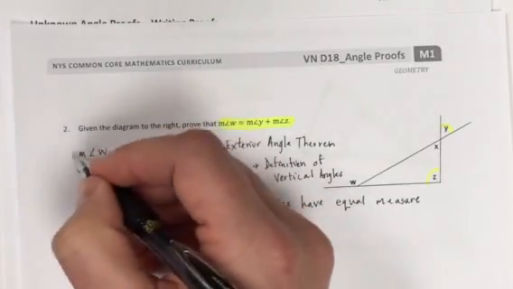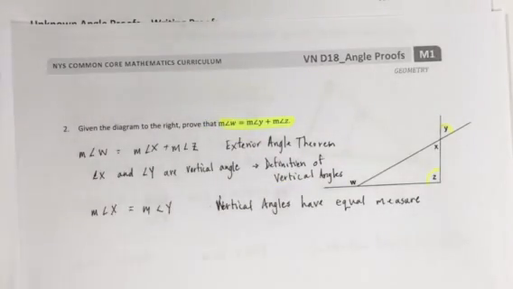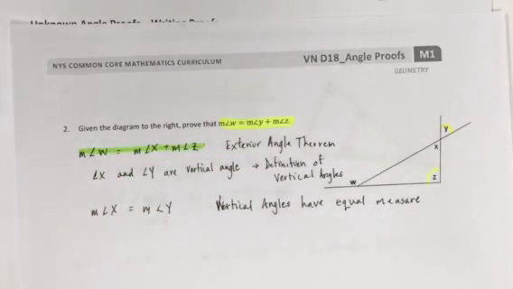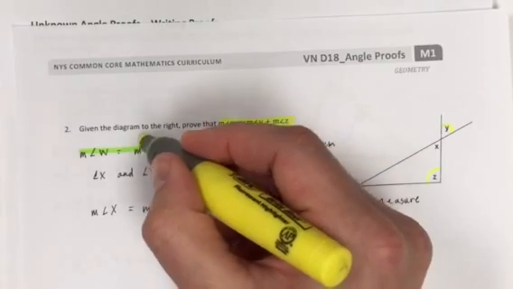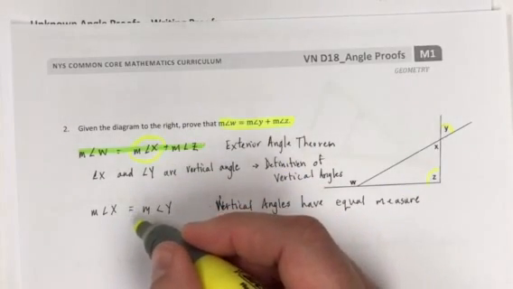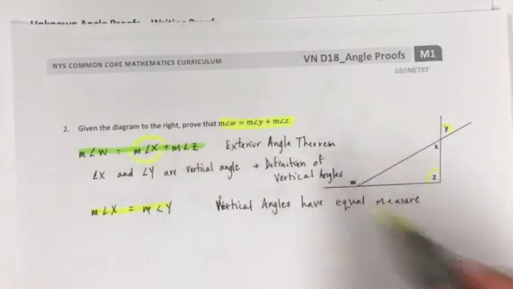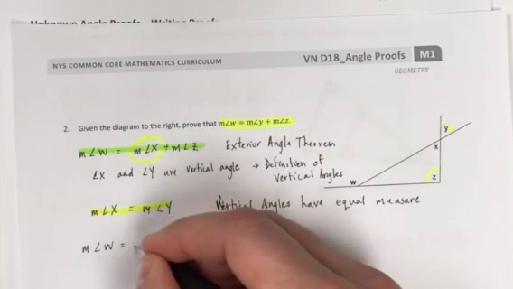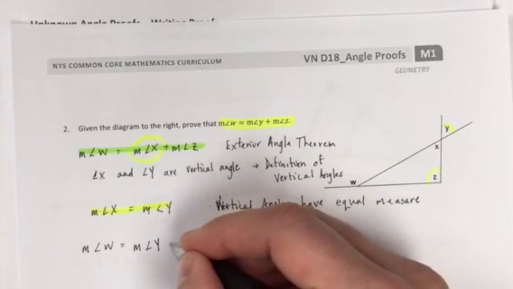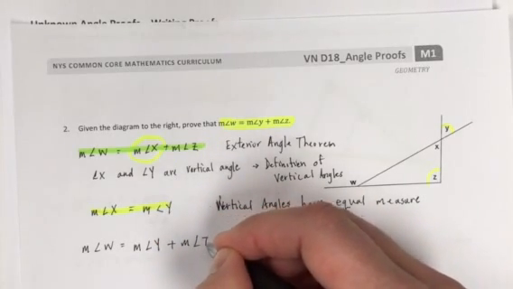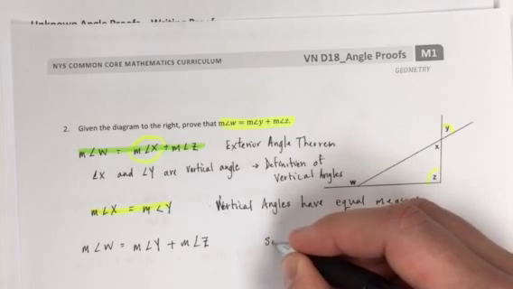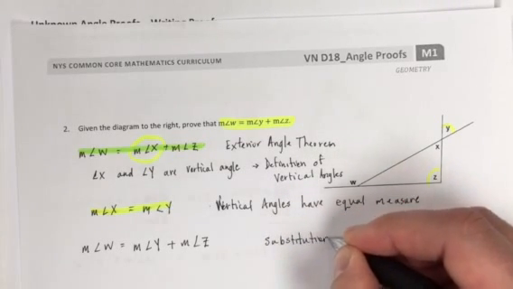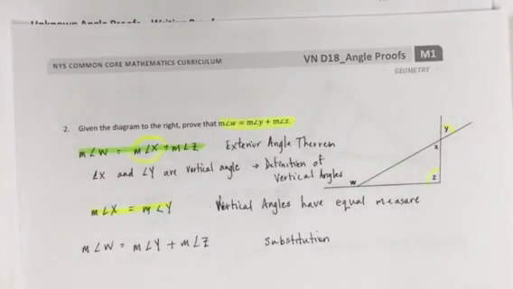Then I can go back to this first equation that I wrote and make the substitution in for X. And so what I see is the measure of angle W equals the measure of angle Y plus the measure of angle Z. I'm able to state that because of the substitution property of equality. And we've done what we were asked to do.